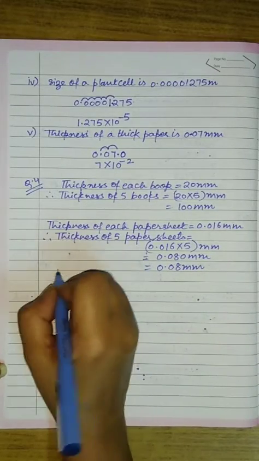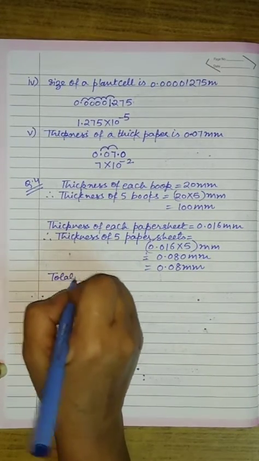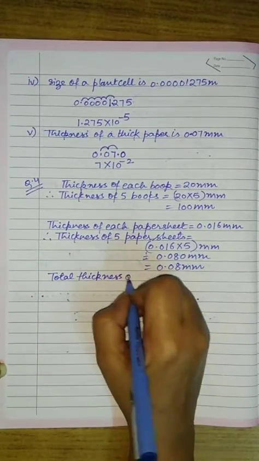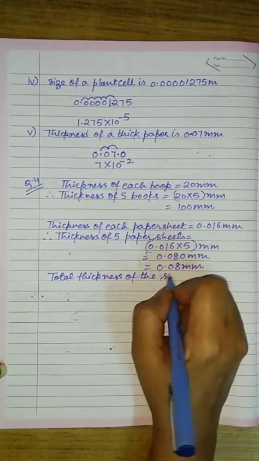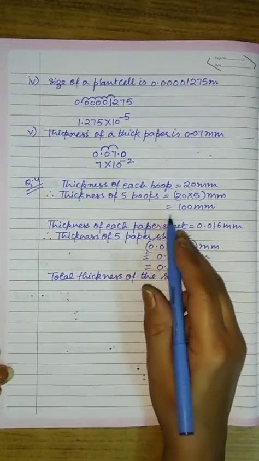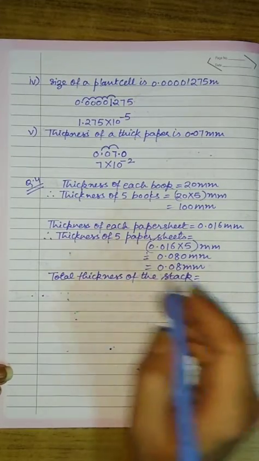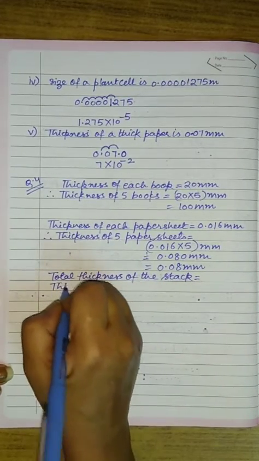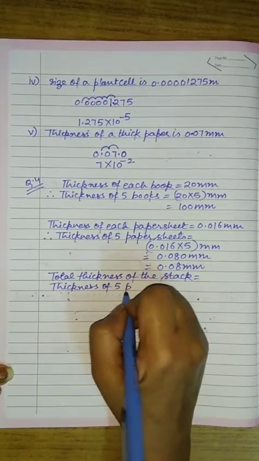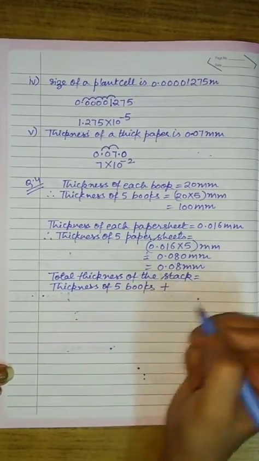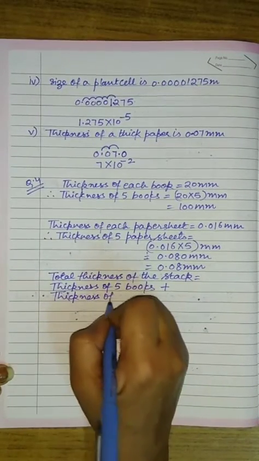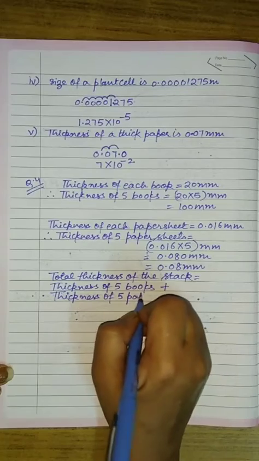So total thickness of the stack is equal to, we will add the thickness of paper sheets as well as books. So total thickness of the stack is thickness of 5 books plus thickness of 5 paper sheets.